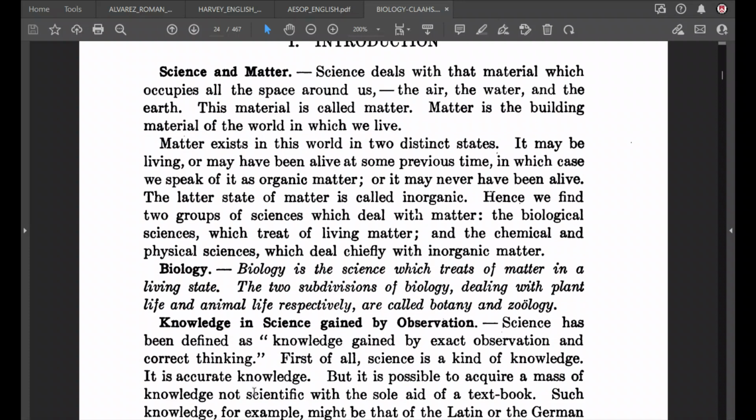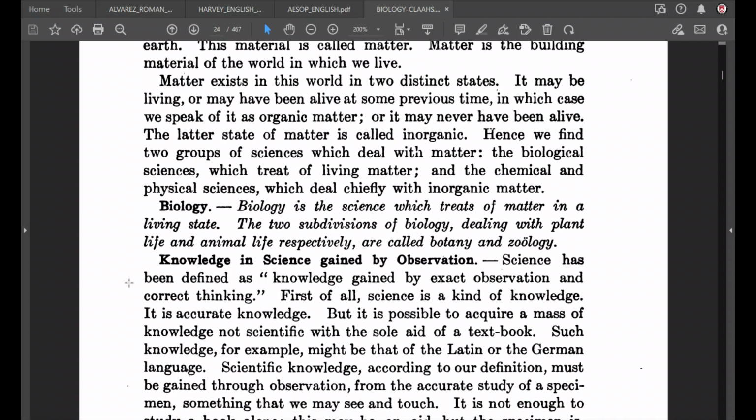Down in the second paragraph in your book, you'll see we have a definition of biology. So let's take a look at that. This is on page 24 of the document.